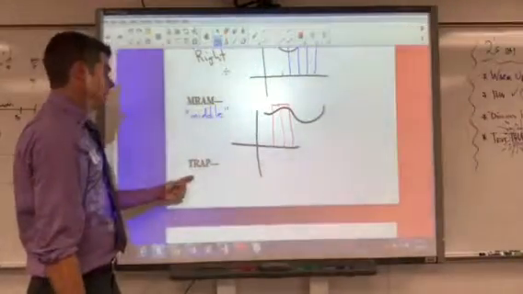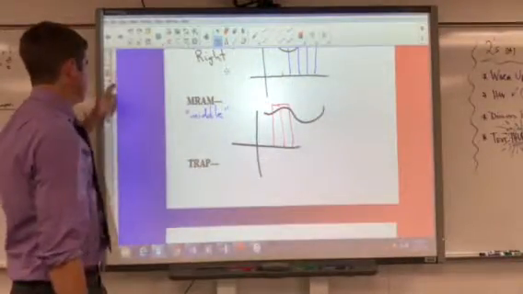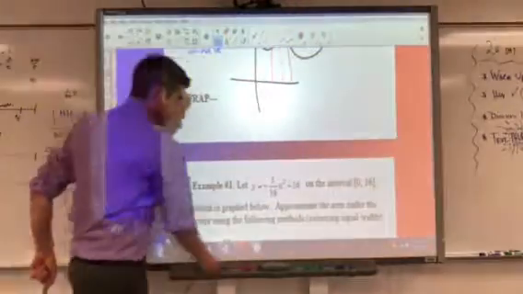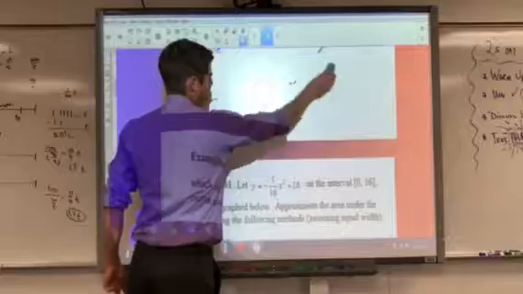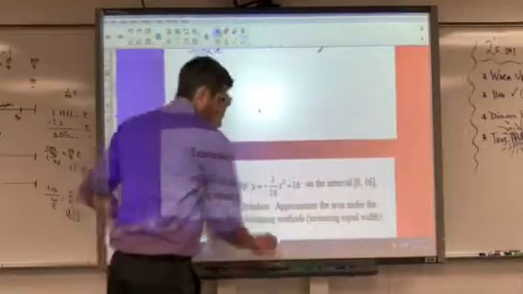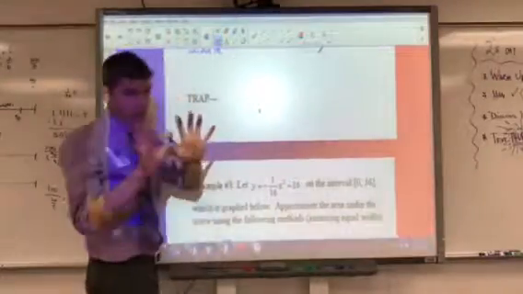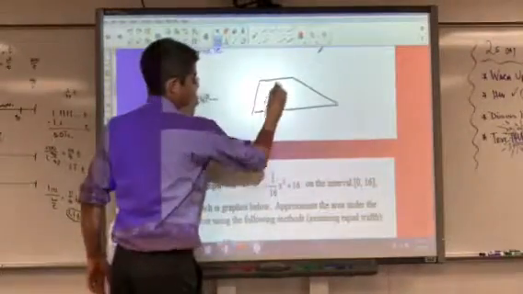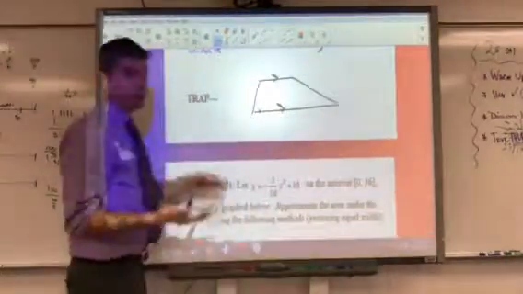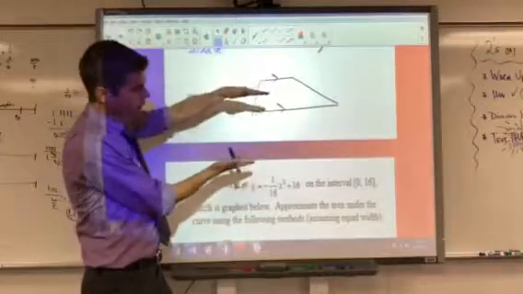And then the last one, trapezoid. So trapezoid sort of is like midpoint, except you actually use both heights and then connect them. So normally when we think of trapezoids, I think from geometry, we think about our trapezoids like this, right? Our parallel bases are the top and the bottom.